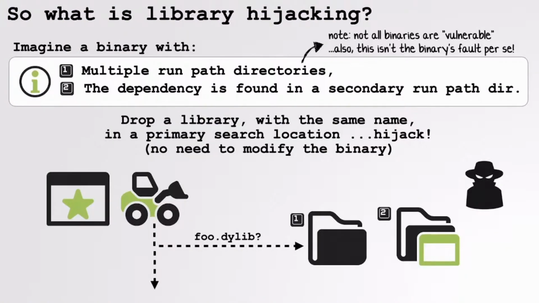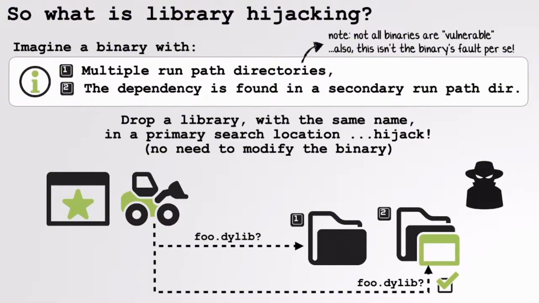So this allows us now to define what I mean when I'm talking about dylib or library hijacking. Imagine we have an application that has multiple run path directories, and that the legitimate dependency, the one that ships with the application created by the original developer, is not found in a primary location, but rather in a secondary location.